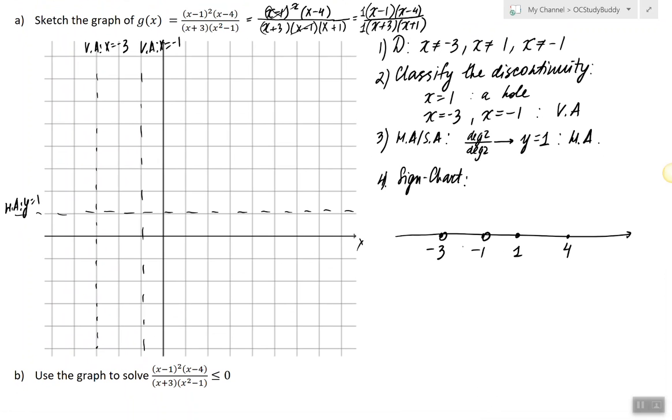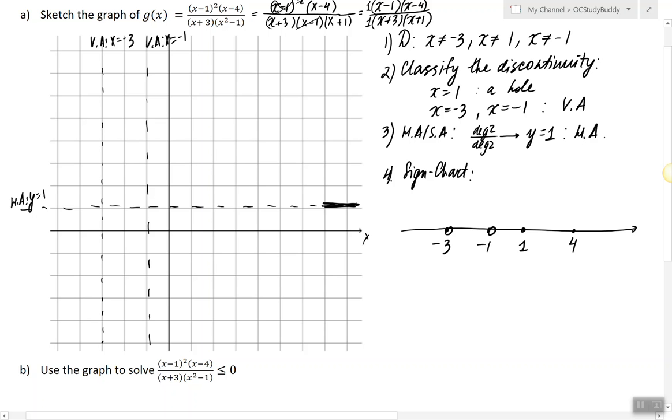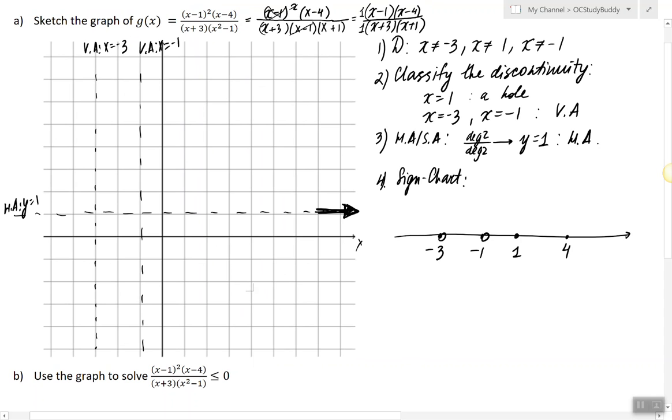Now, to fill in the sign chart, we have to figure out the sign on at least one interval, and if we remind ourselves that we have a horizontal asymptote, which means that the function must be positive on the very right and positive on the very left, that means we can label the rightmost interval with a plus and the leftmost interval with a plus.